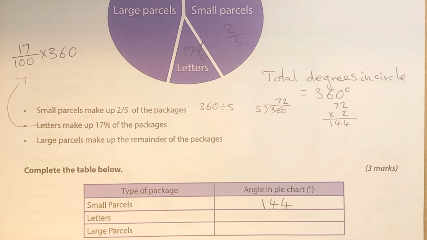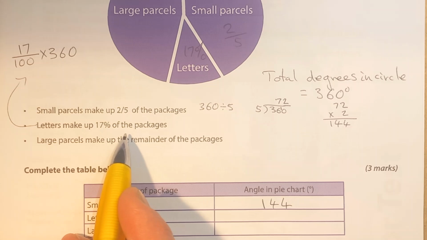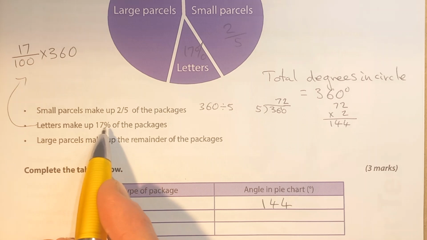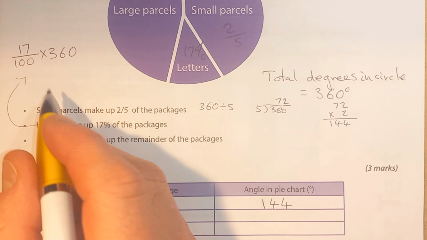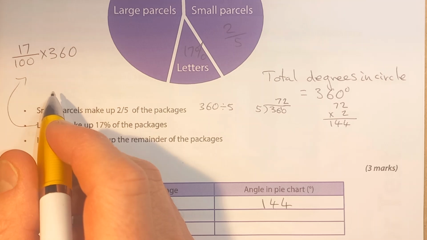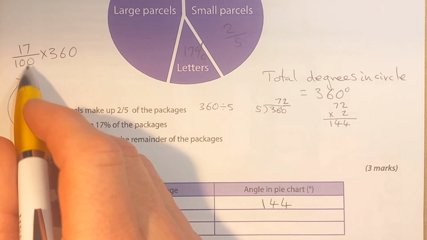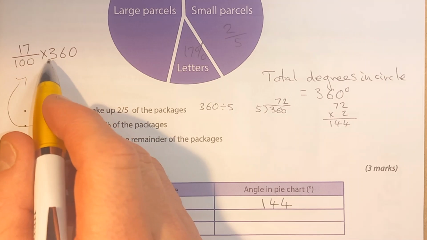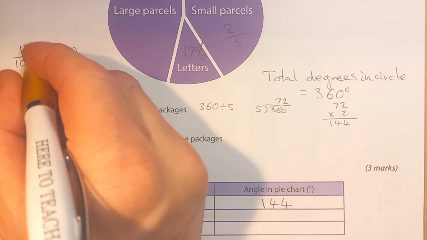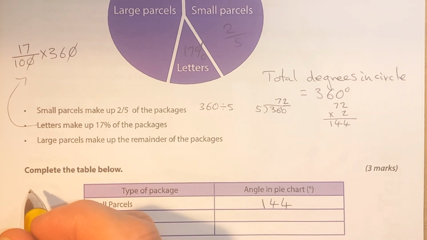We could split it up, so we could work out maybe what 10% is, and then 7%. There's more than one way to do it. The way I'm going to do it is saying, well, we're dividing by 100, timesing by 360, so I'm going to cancel a 0 and a 0 there to start with, okay?